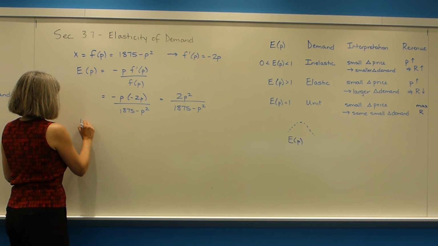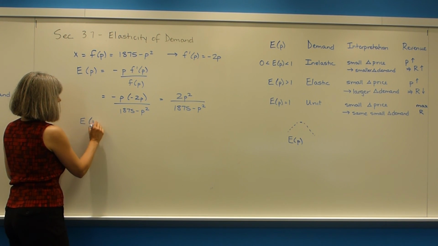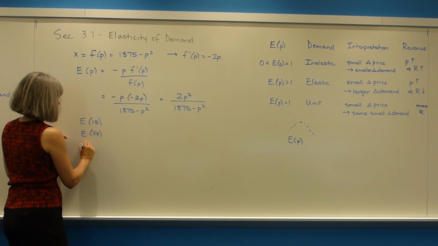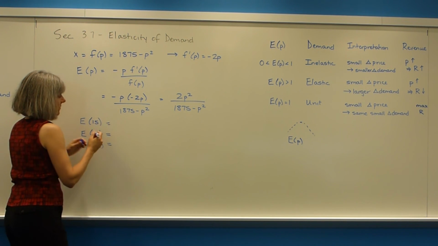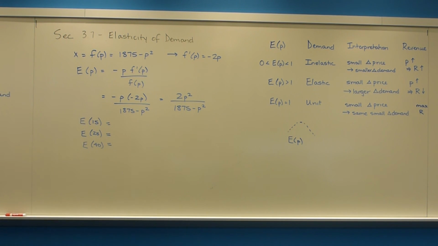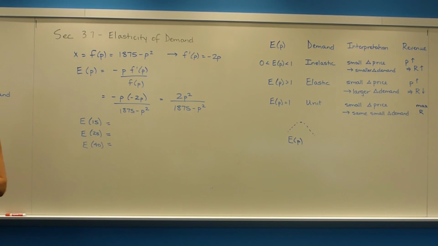Okay, so now let's evaluate at a few places. We'll evaluate at 15, 25, and 40. I forgot to work these out ahead of time, so we will do that.